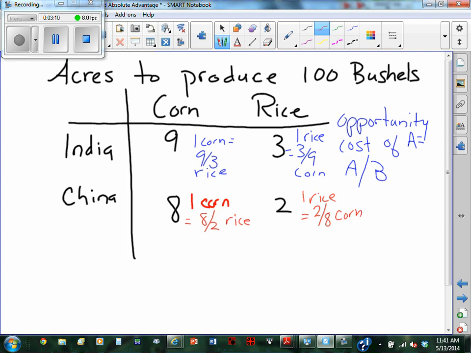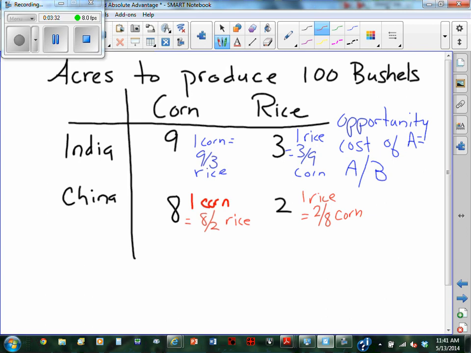So now we have to figure absolute and comparative advantage, because that's how these problems usually show up. Absolute advantage means that I do it better. If it's an input problem, it means I do it with fewer resources. So who uses the least amount of resources to produce corn? Is it India or is it China?